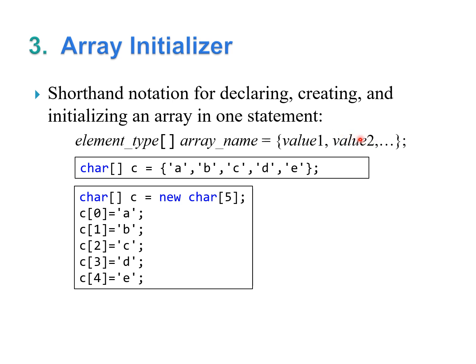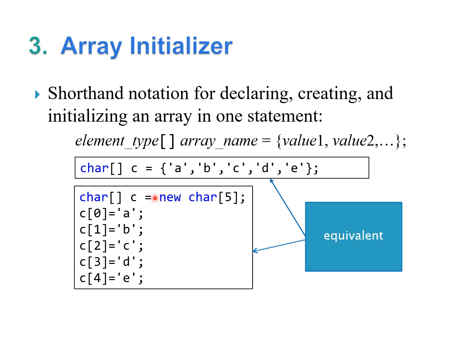For example, this single statement is equivalent to the code of 6 statements, where the first statement declares and creates array C, and the next 5 statements then initialize elements of array C to 5 characters A, B, C, D, E, respectively.